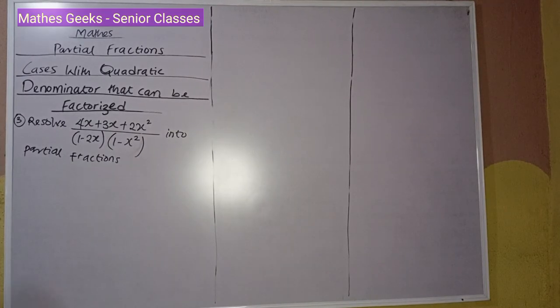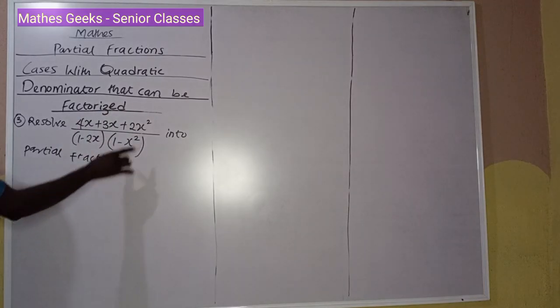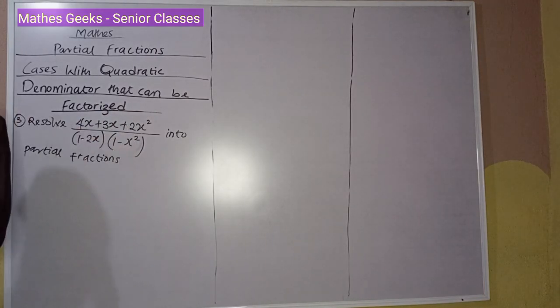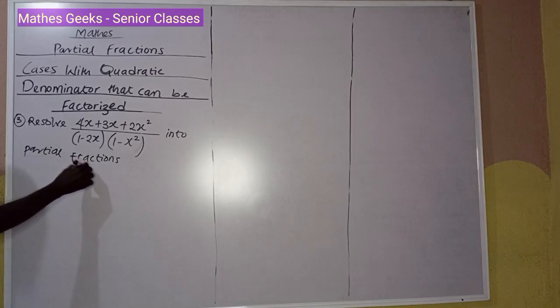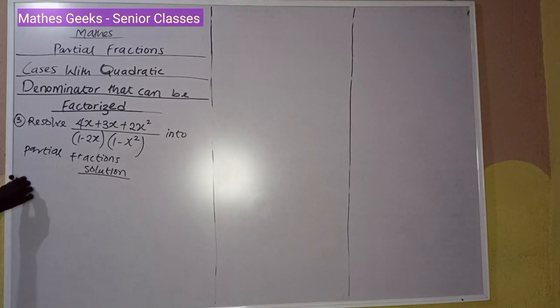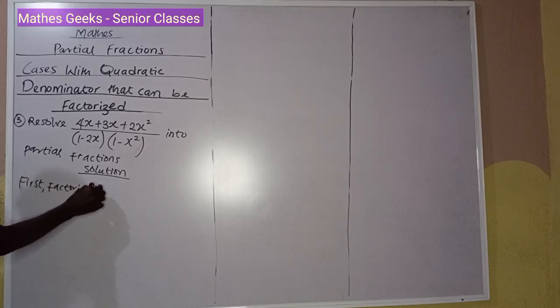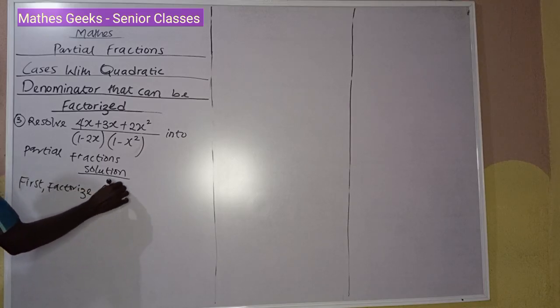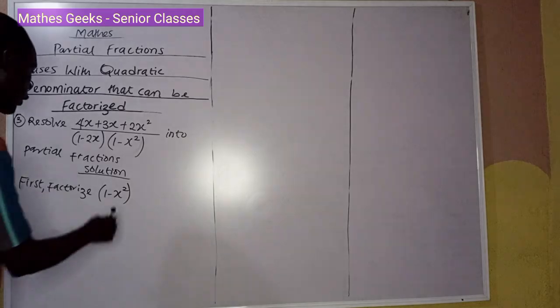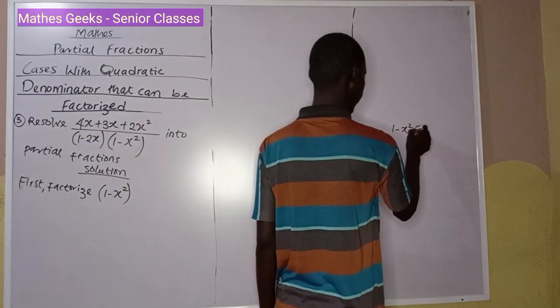Number 3, now to resolve this expression into partial fractions, and this part can be factorized, so we do that first. Solution. Factorize 1 minus x squared.